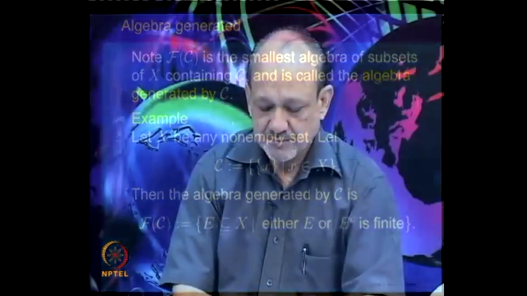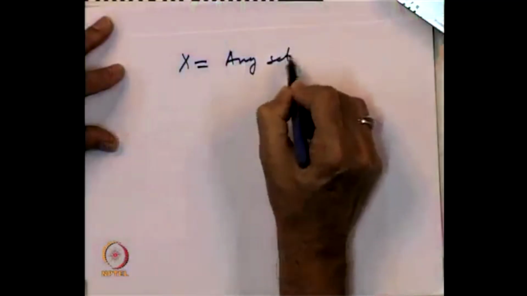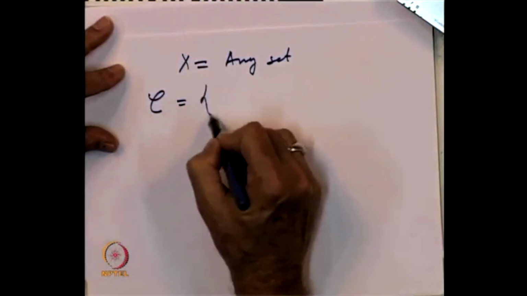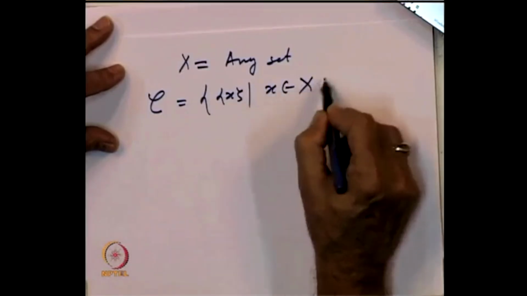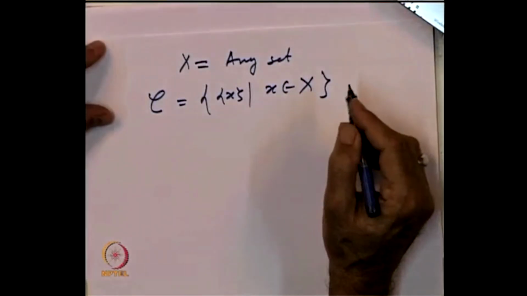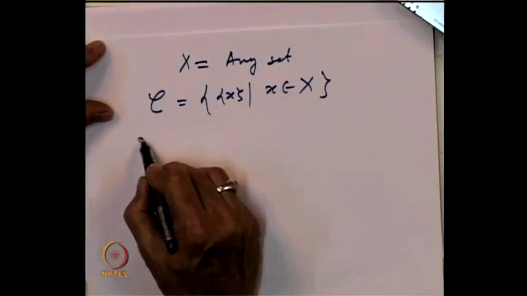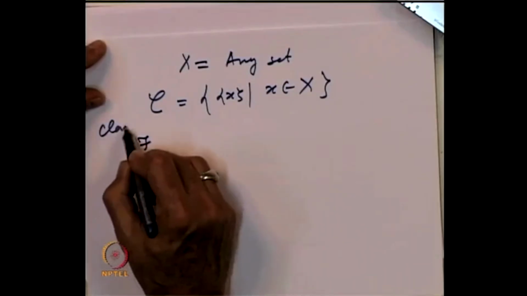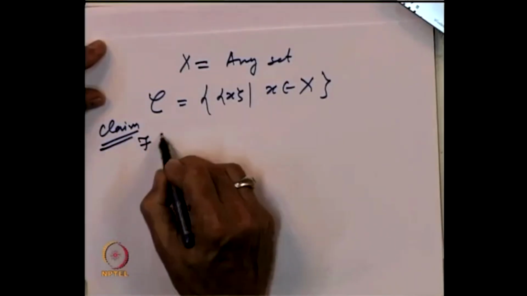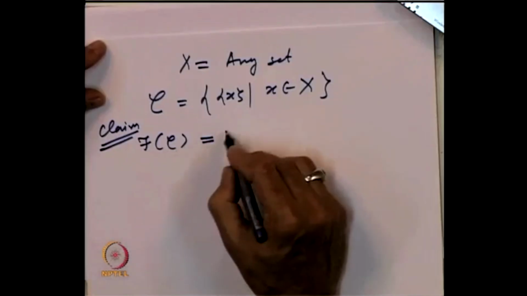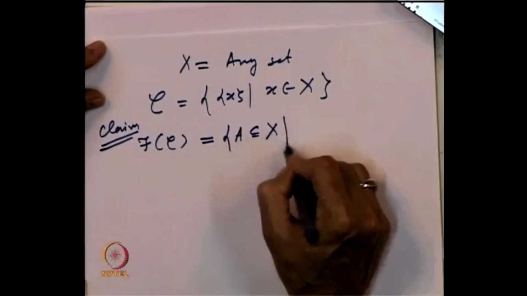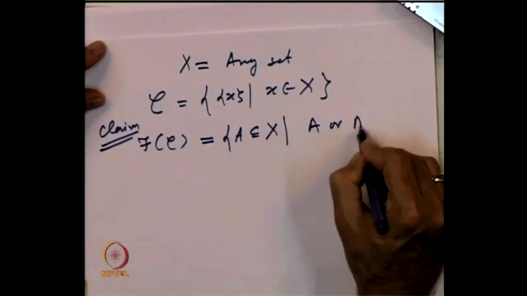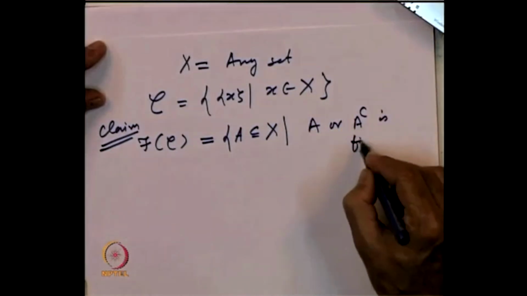So we have got X any set, and C is the collection of all singleton sets which are subsets of X. Okay, and then we claim, so this is our claim, that f of C is nothing but all sets A contained in X such that A or A complement is finite.